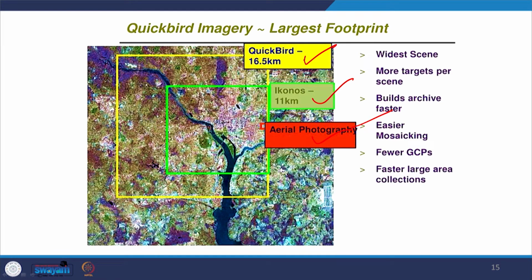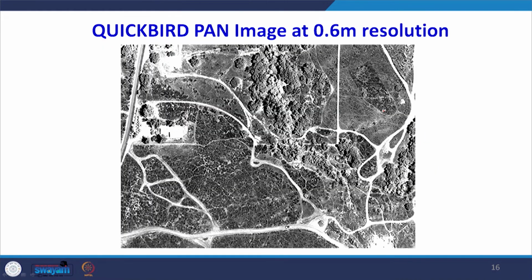Aerial photography covers a very tiny area. Sometimes we feel that satellite data is much better than aerial photography, as the amount of information content available and the area covered is much larger than the aerial photograph.